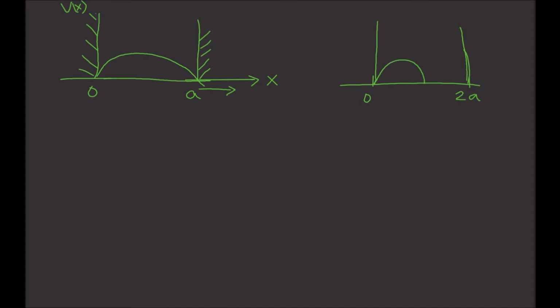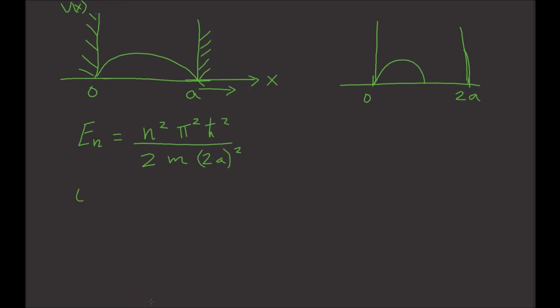So first let's find the most probable results. Let's look at the new allowed energies. E sub n equals, if you want to review, this is all in video number 8, n squared pi squared h bar squared divided by 2m, and it used to be a squared, but now we have (2a) squared, so we're going to put (2a) squared.